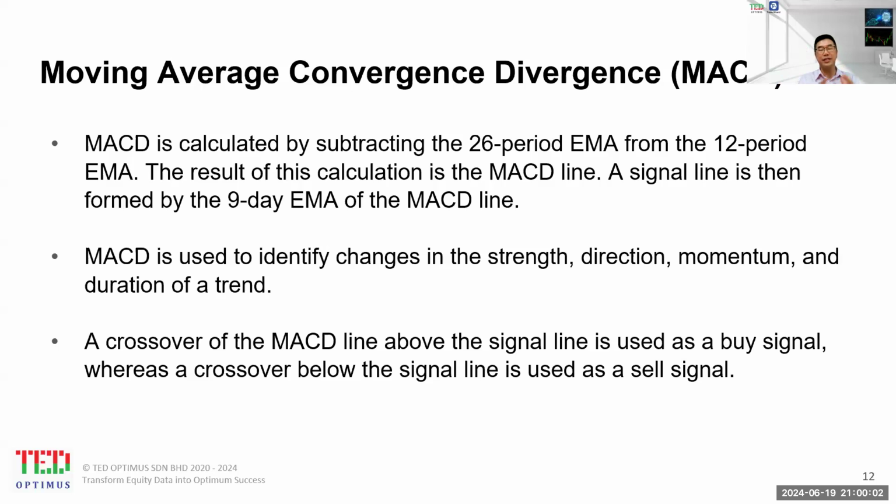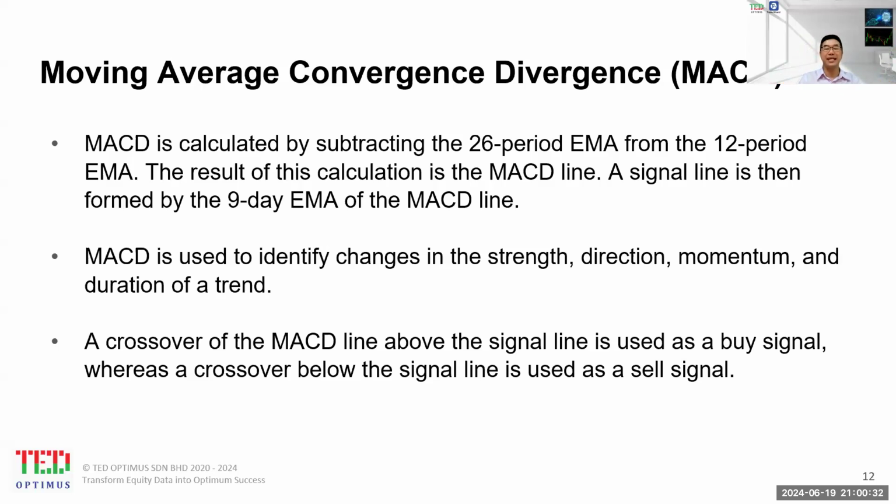That means they will reduce the weightage from day one, which is 20 days in the past, so that they give more weight for the latest data. Reason being, the latest price movement is more relevant compared to the earlier ones.